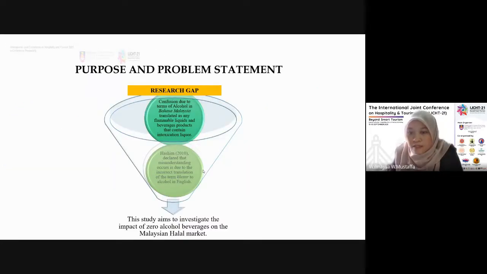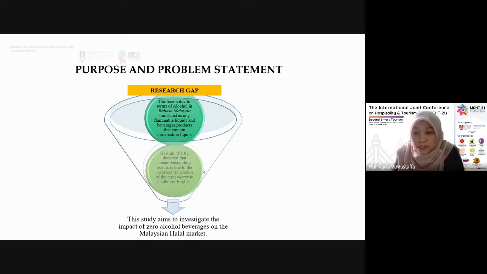This is the next slide, the research gap. This issue has grown in importance considering the confusion over the term alcohol, which in Bahasa Malaysia is translated as any flammable liquids and beverage products that contain intoxicating liquor.